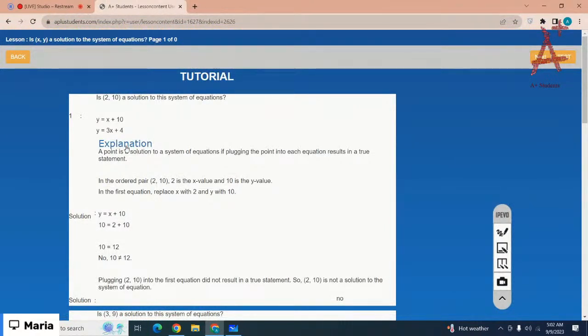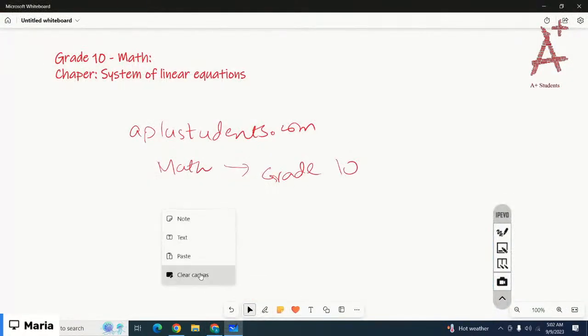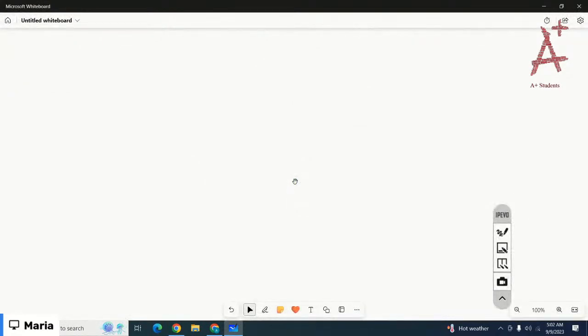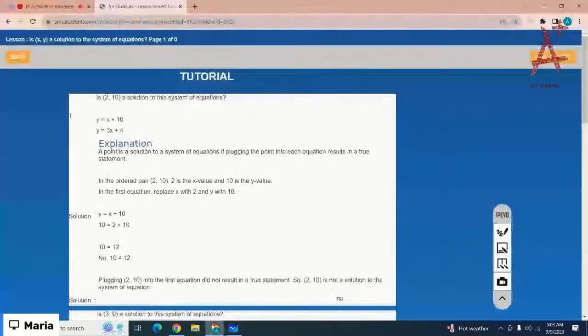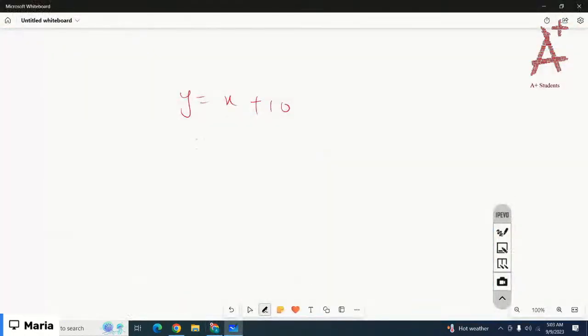You are given a solution. Is (2, 10) a solution of the system of equations? The equations given are y equals x plus 10 and y equals 3x plus 4, and the point is 2 and 10.